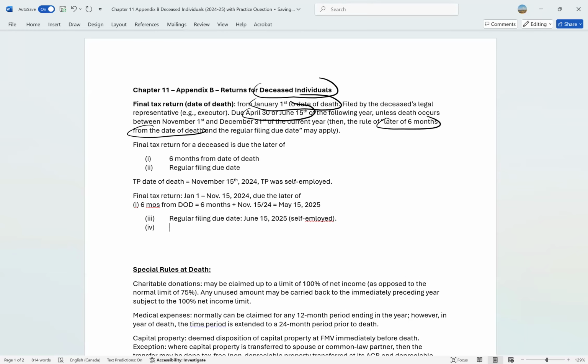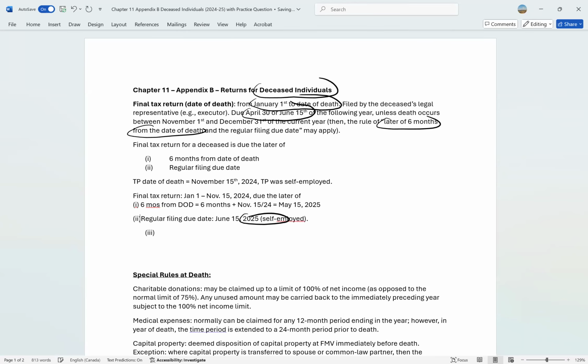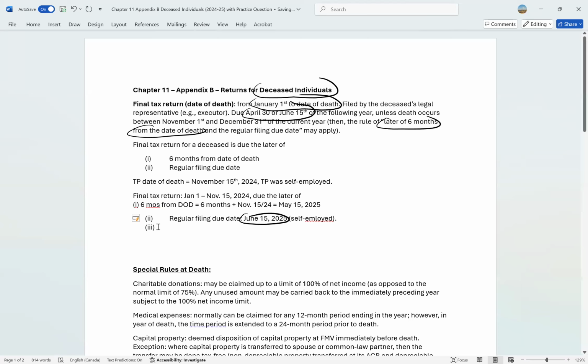And so the later would be June 15th. So that's all that rule says. If they were not self-employed, then the second date would be April 30th, and then the May 15th would be the later of the two.